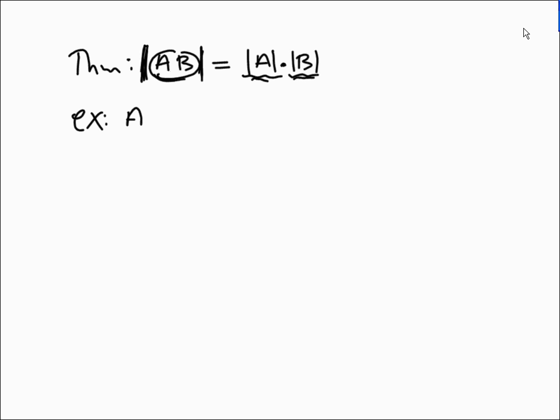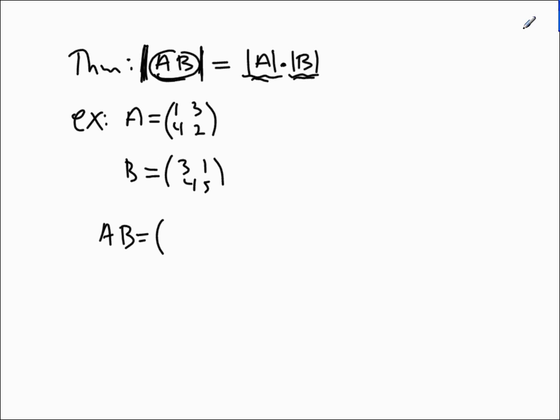if you were told A is equal to 1, 3, 4, 2, and matrix B is, I don't know, 3, 1, 4, 5, and you compute the product, you're going to get 15, 16, 20, and 14.